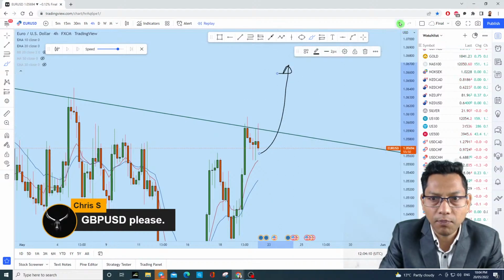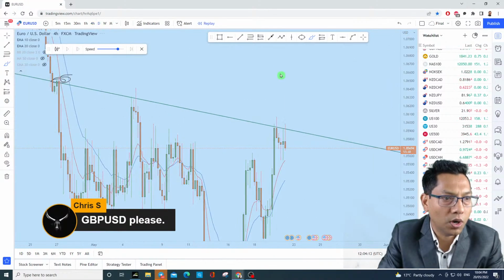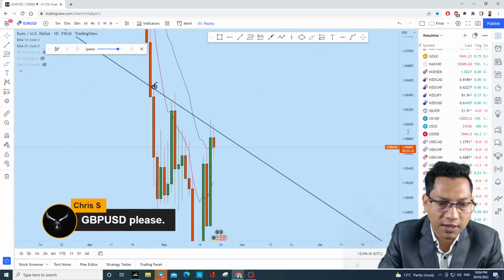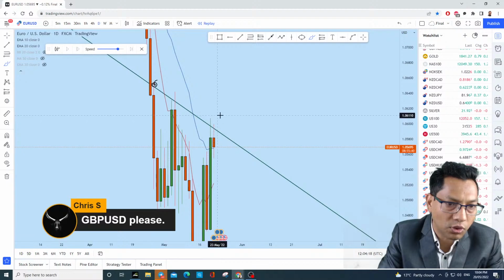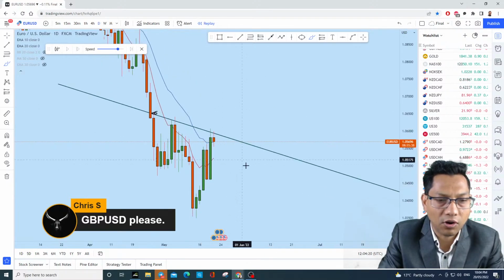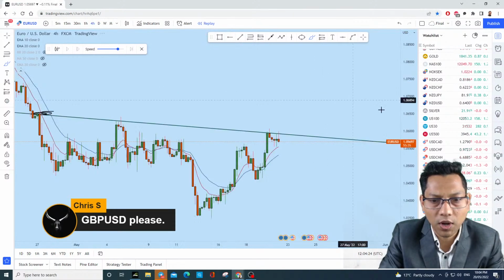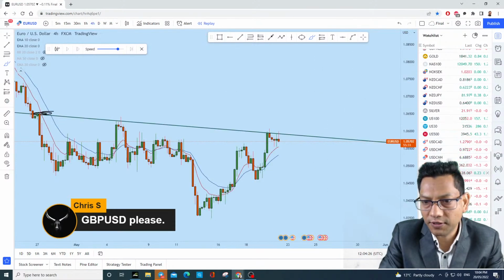If it becomes bullish, then we have to see what it is doing, because it has created a bullish engulfer. You can see this is a bullish engulfer, but the overall trend is down. So let's see what happens, and then we'll trade.